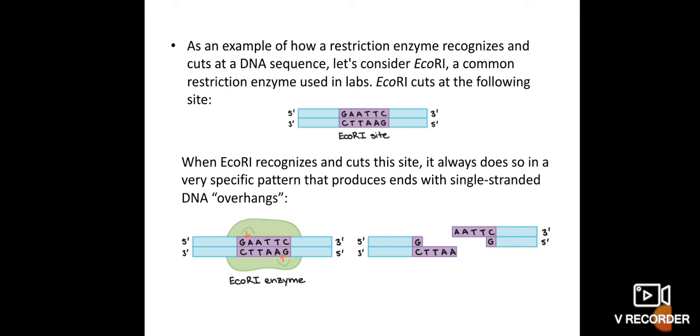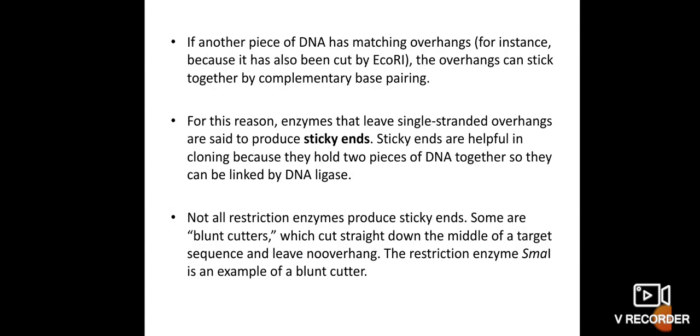It cuts in between G and A in both the strands. So, in this manner it cuts so that the ends are single-stranded DNA overhangs. Here you have one end which is an overhang, and here another end which is an overhang. This is the manner in which the EcoRI enzyme cuts at its particular restriction site.